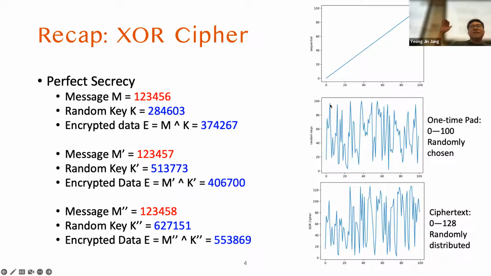But if we get the distribution of the XOR result, it would look like this one. Even though we have a very simple distribution for the sequential plain text, if we draw the random key correctly, we get this kind of random behavior. So attackers may never guess what the encrypted data is.